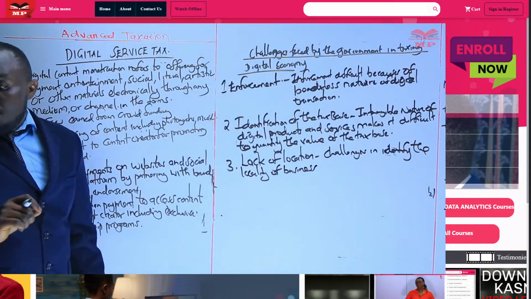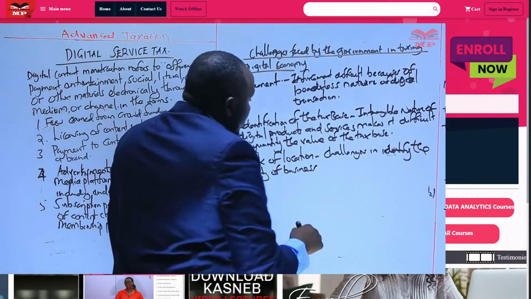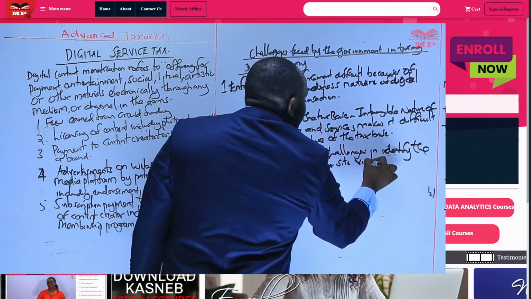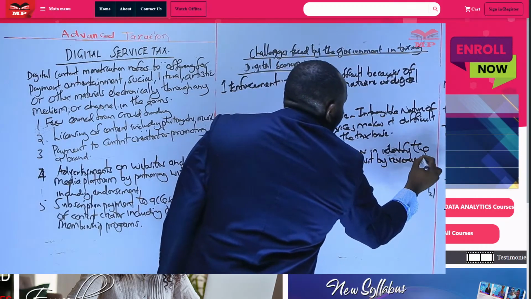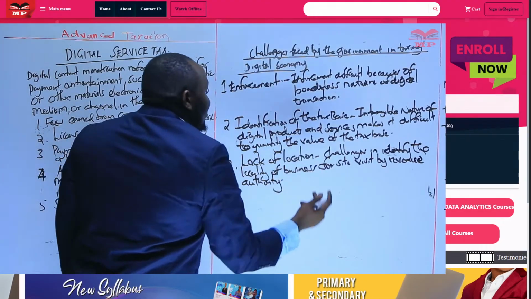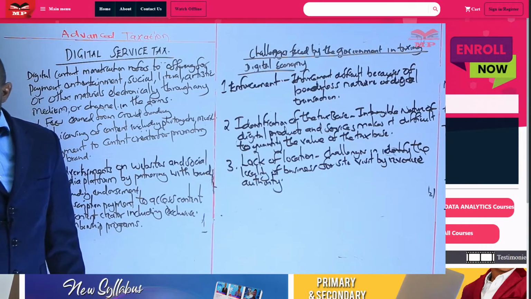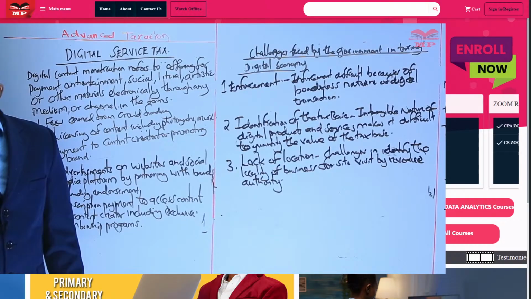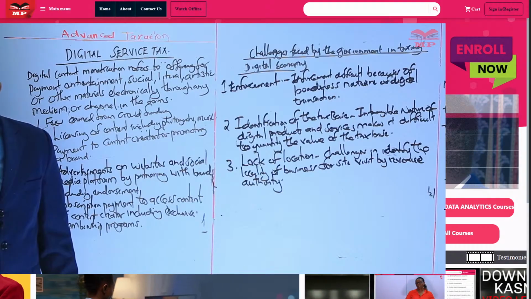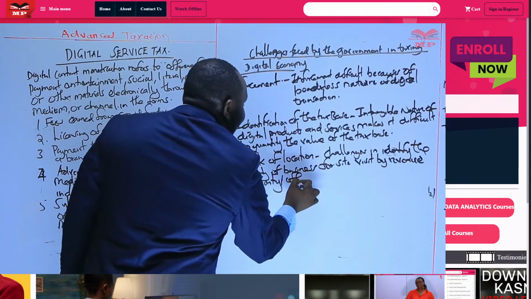Where is the business located, for a site visit by the revenue authority? Because on platforms we can even have foreign companies, so identifying location by revenue authority officers is difficult.